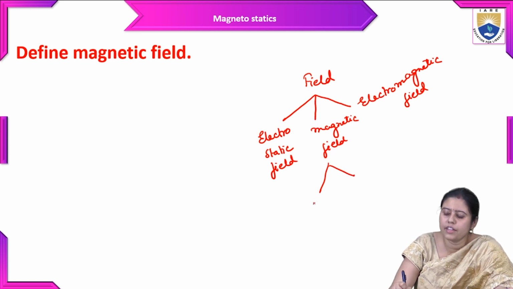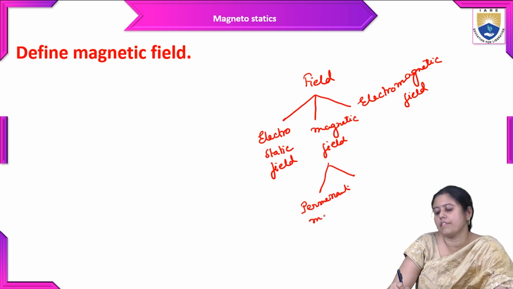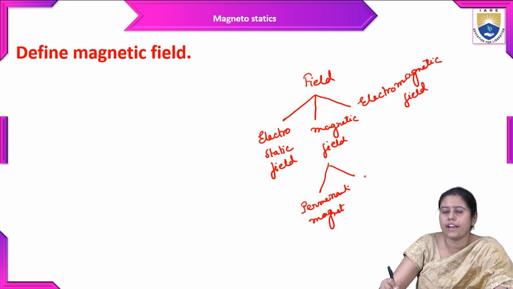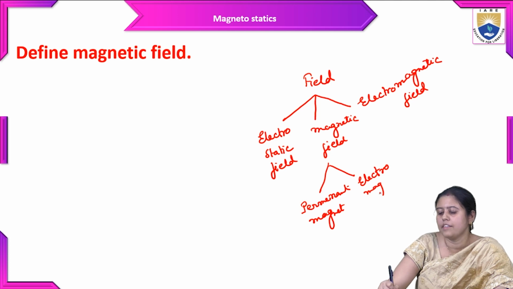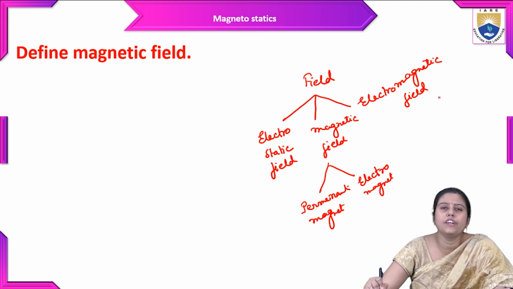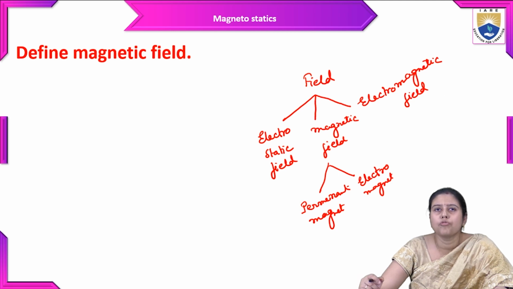Again, magnetic field is of two types. The first one is for the permanent magnet, and the second one is for the electromagnet. Electromagnetic field means when the electric field and magnetic field are superimposed on one another, we call the field the electromagnetic field.